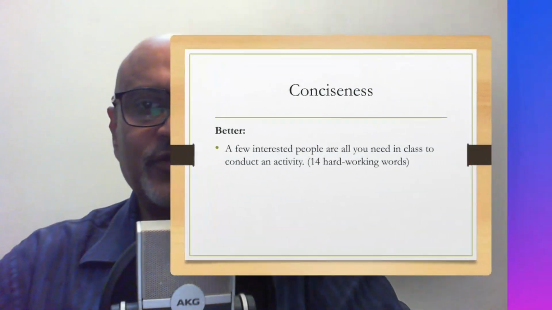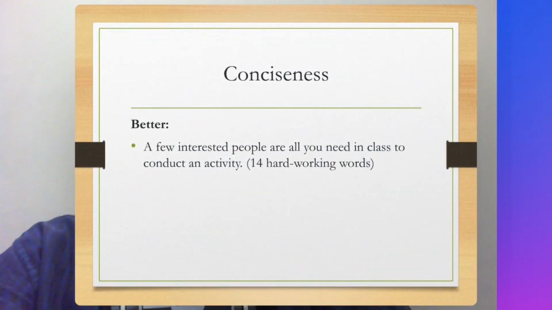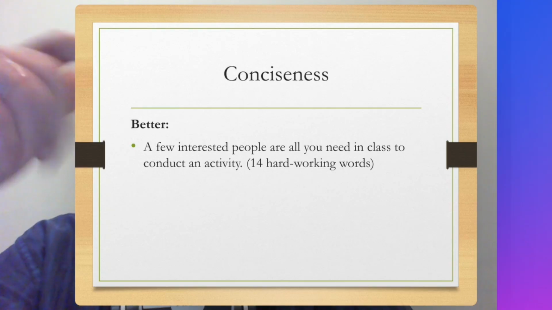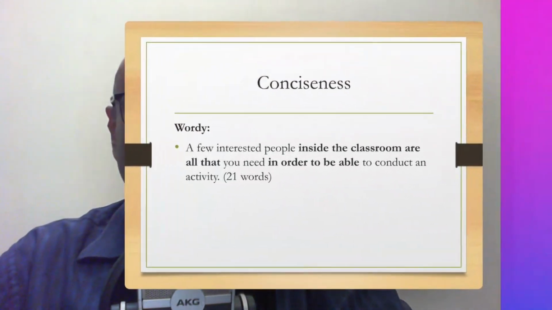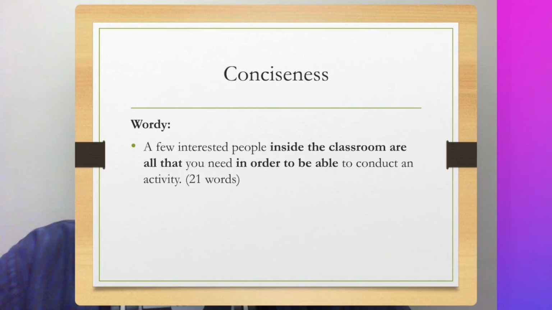So the solution is very simple. A few interested people are all you need in class to conduct an activity. Now let's see which words were making it heavier and wordy. A few interested people inside the classroom are all that you need in order to be able to.